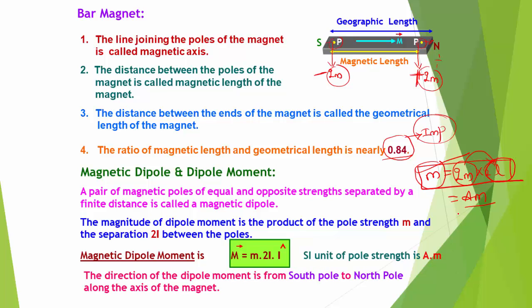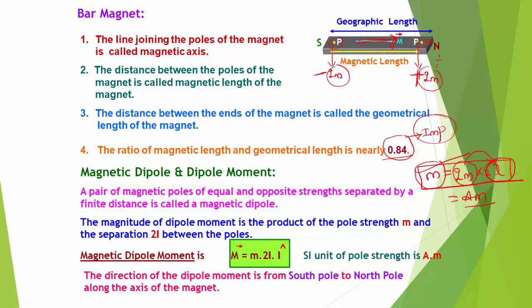And the direction of that dipole moment is from south pole to north pole. The direction of the dipole moment. Remember this point. This is the direction. The direction of the dipole moment is from south pole to north pole.